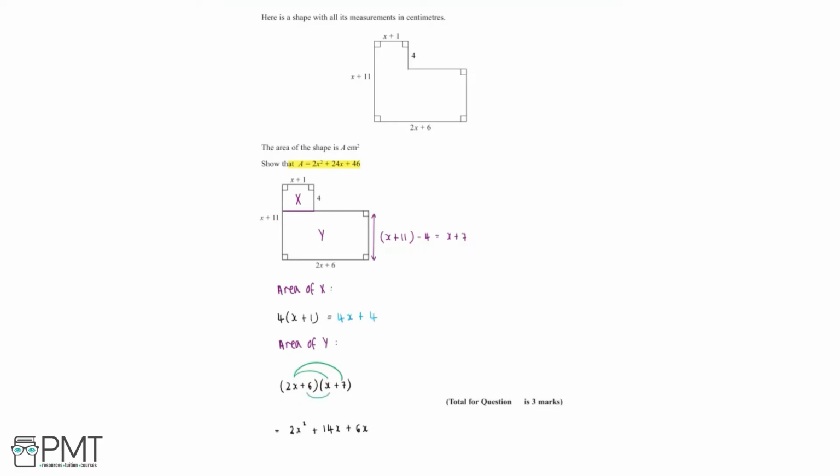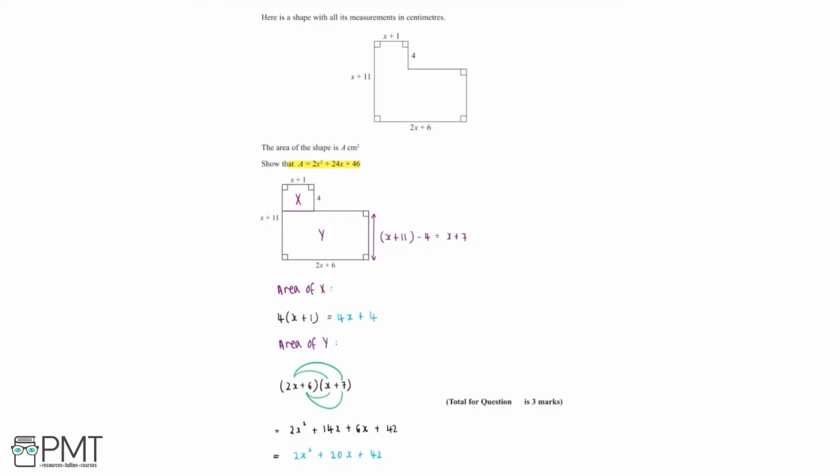And finally, 6 multiplied by 7 is equal to 42. Now we can simplify this further, because 14x plus 6x is equal to 20x. And so we've now found that the area of rectangle X is equal to 4x plus 4, and the area of rectangle Y is equal to 2x squared plus 20x plus 42.